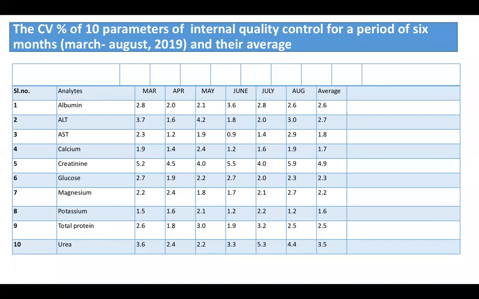This is percentage CV of different parameters. So sometimes it is 3.6 for albumin, you say CV has increased. In some cases, it is 2.1, 2.0. So this is how generally we evaluate our laboratory data. So this is percentage CV.